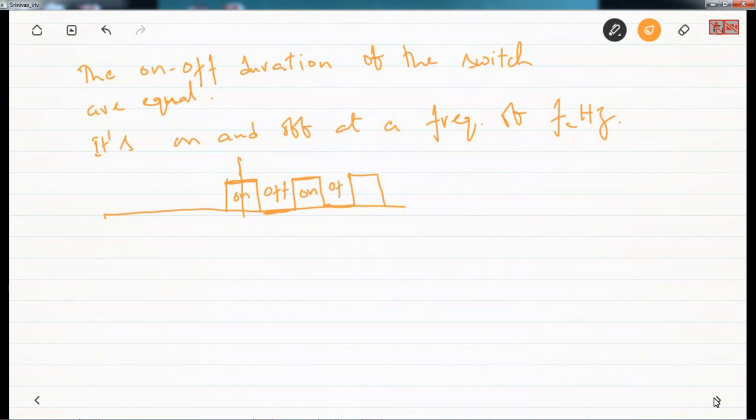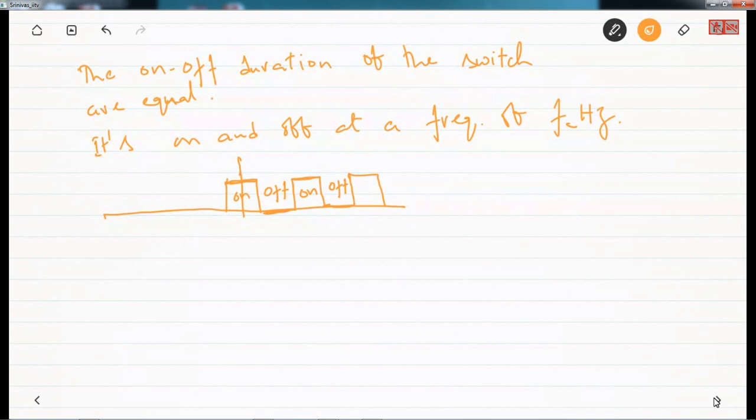And this is 1 over fc. So this is the time axis, right?